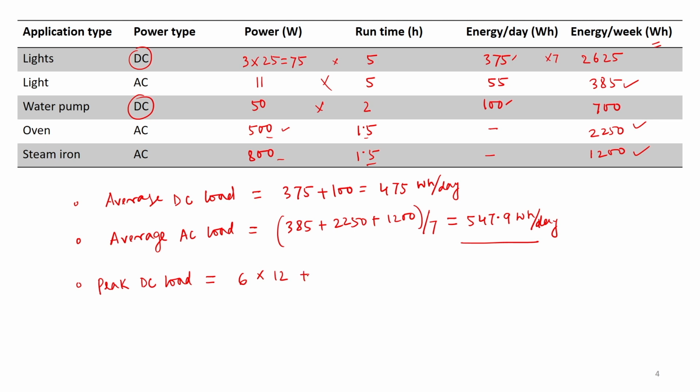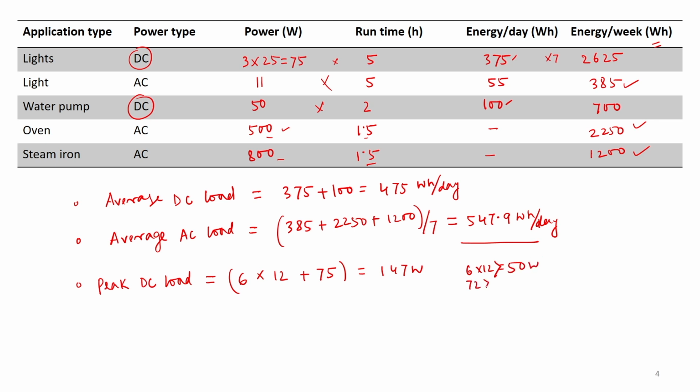So, 6 into 12 is 72 watt, which is greater than 50 watt.